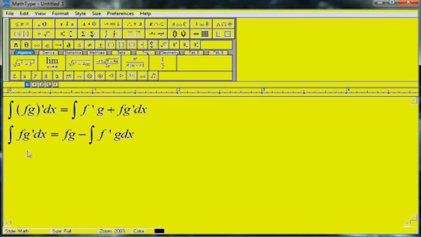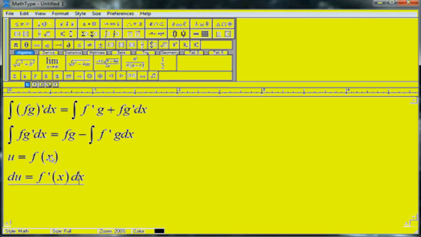I'm gonna do a little bit of substitution here to put it in a more standard form. We're gonna make u equal f of x, and therefore du is equal to f'(x) dx.